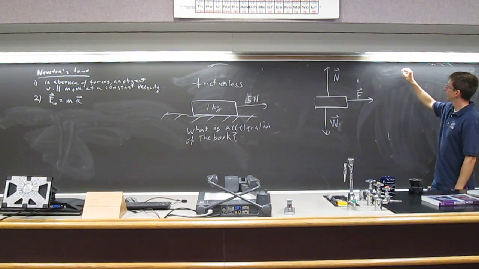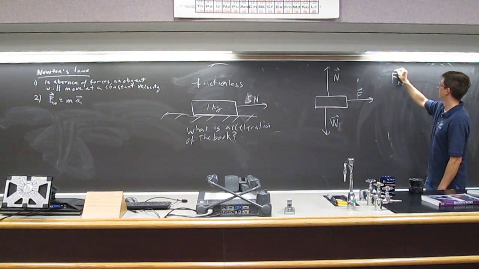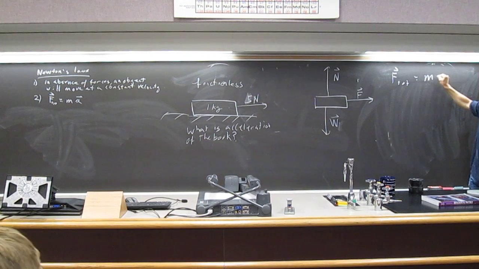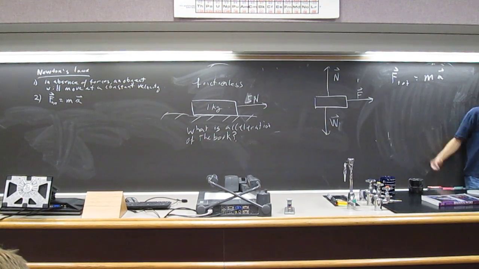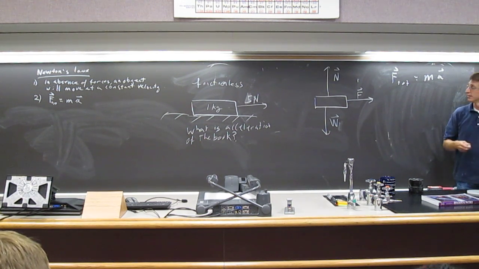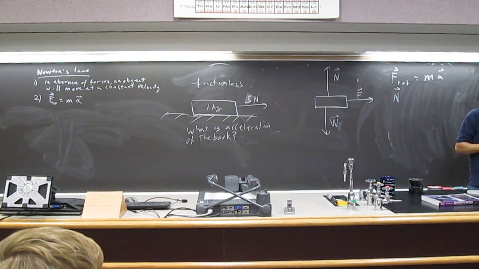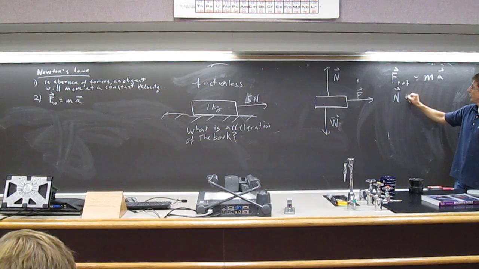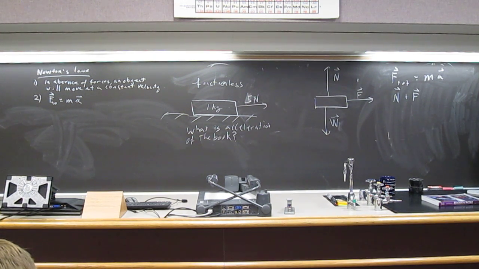So force total equals ma. That's our starting point. This will be a starting point for a ton of problems, most of the problems we do. The total force will be the normal force, sorry, plus the applied force, plus the weight.